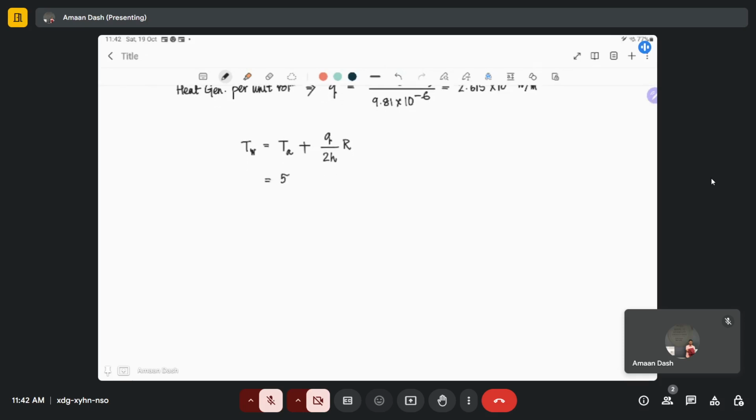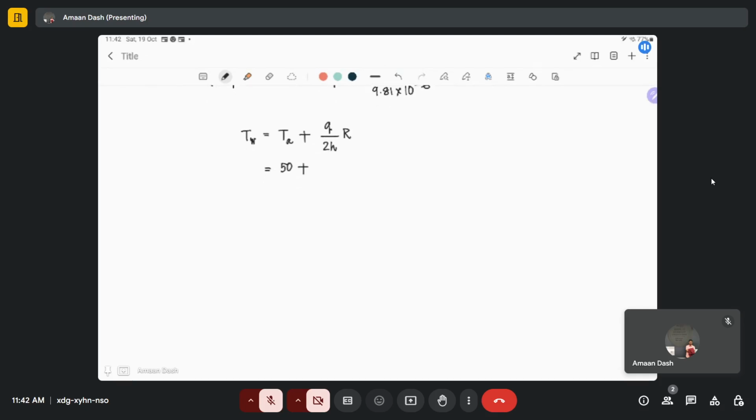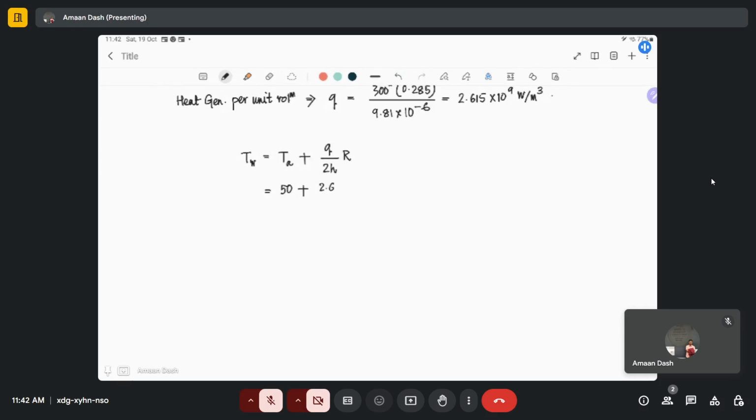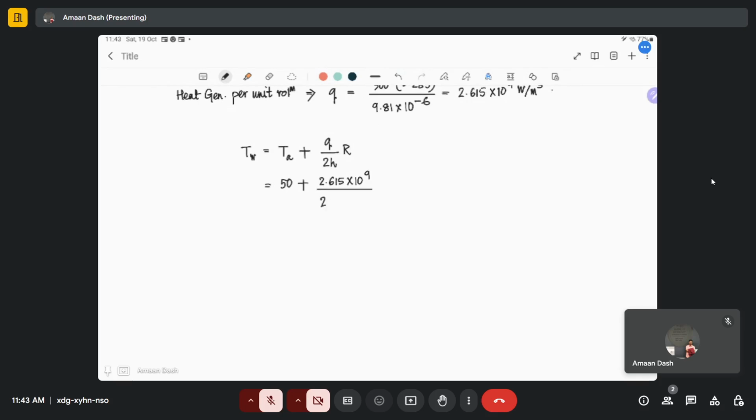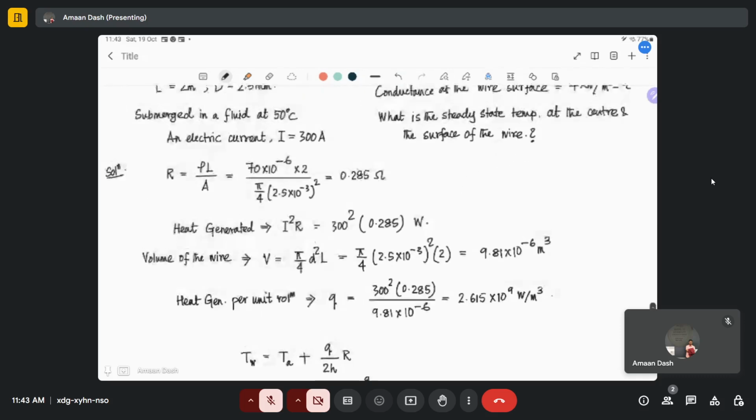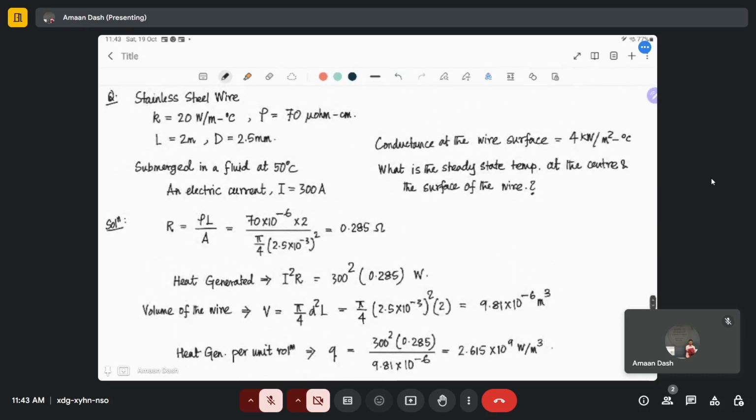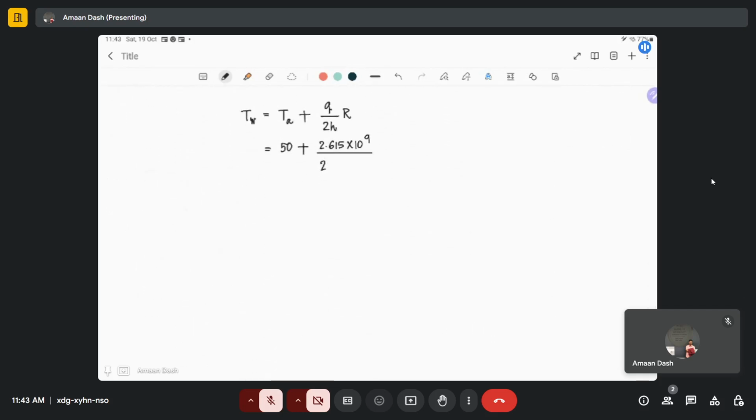So this is 50 plus heat generated per unit volume, 2.615 times 10 to the power 9, whole thing divided by 2 times H, which is 4 times 1000, times the radius.